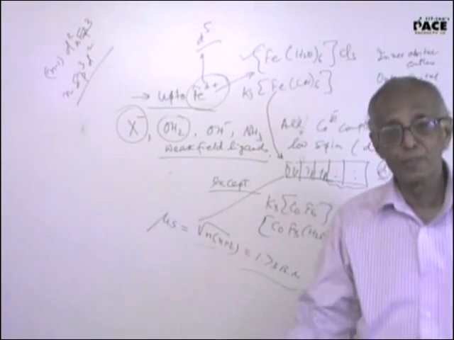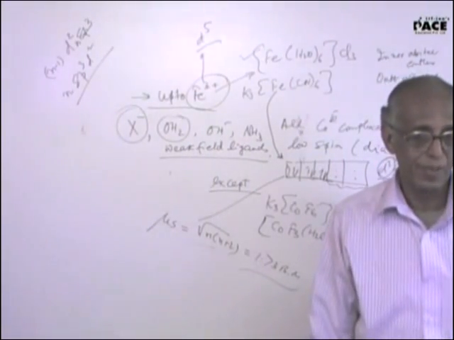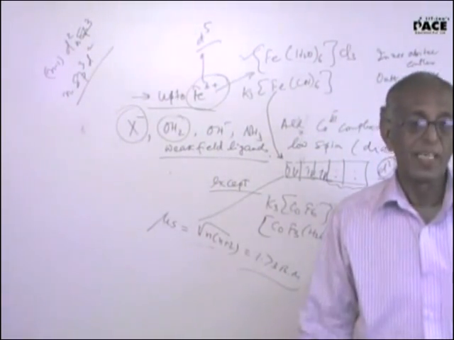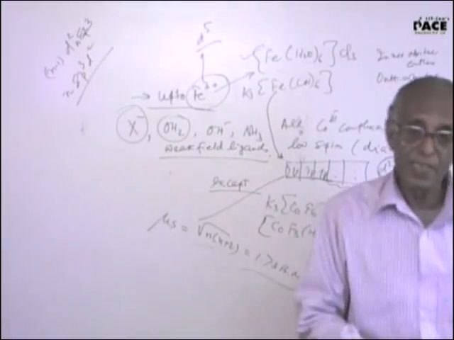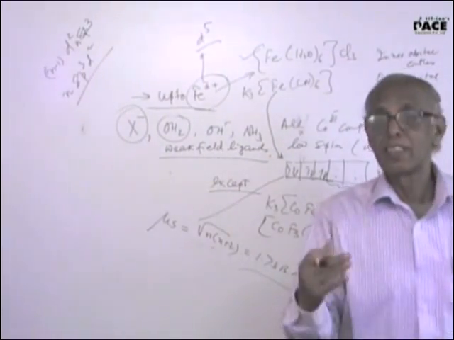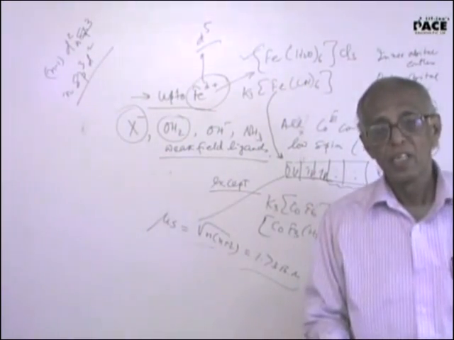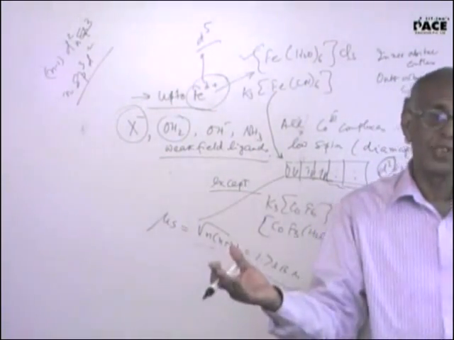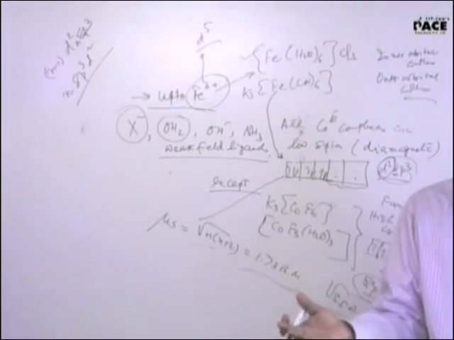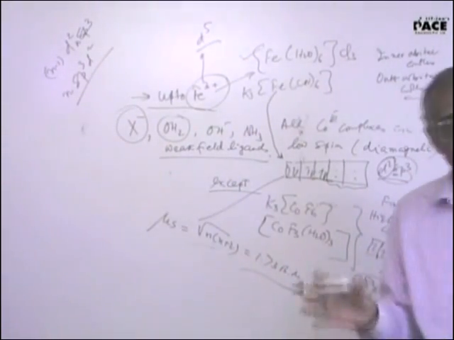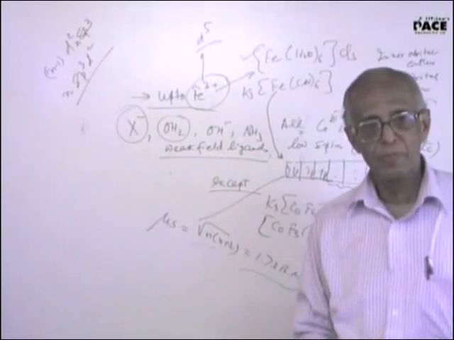That is the difference between inner orbital and outer orbital. Whether I use a penultimate d orbital with the valence s and p orbitals for hybridization, or I use all valence orbitals for hybridization. That is the difference between inner and outer orbital complex.